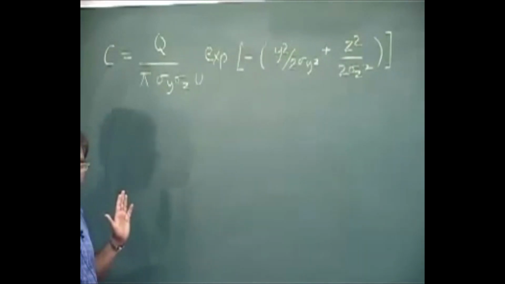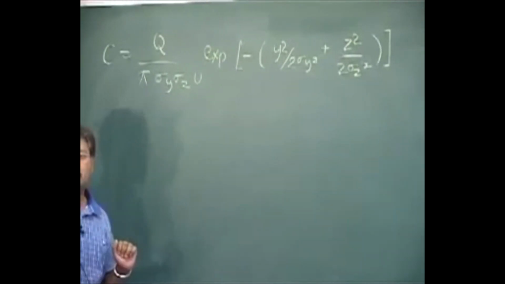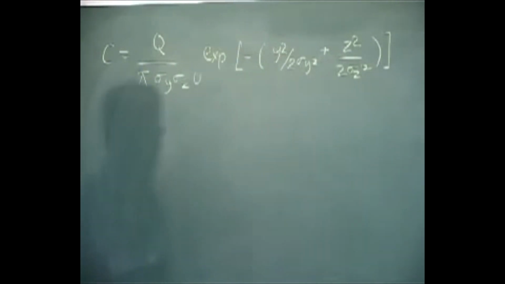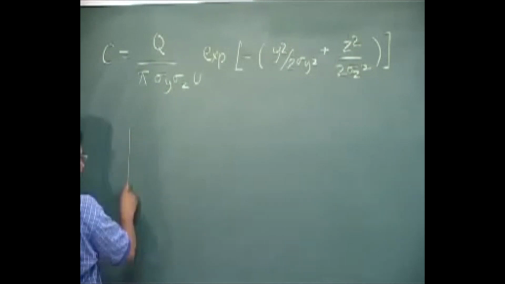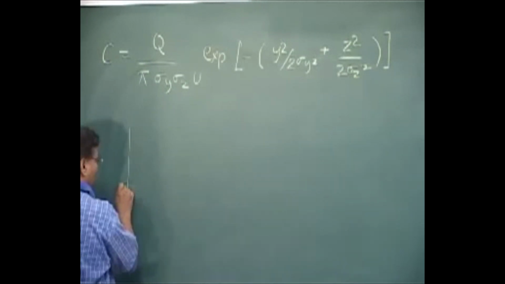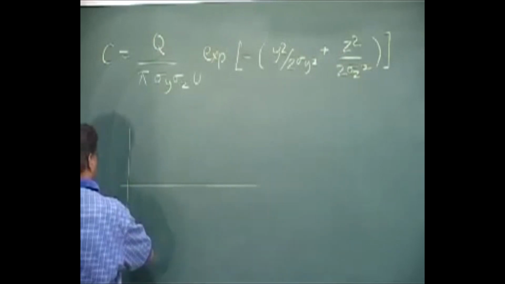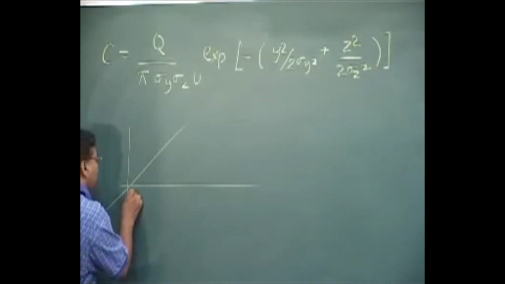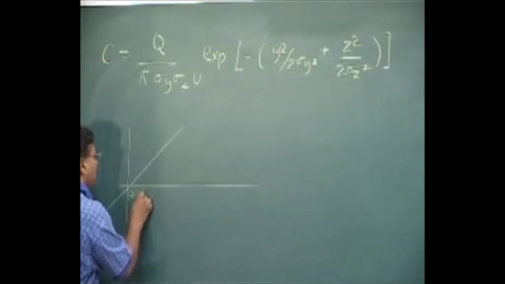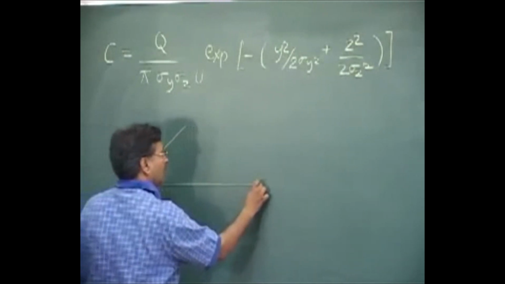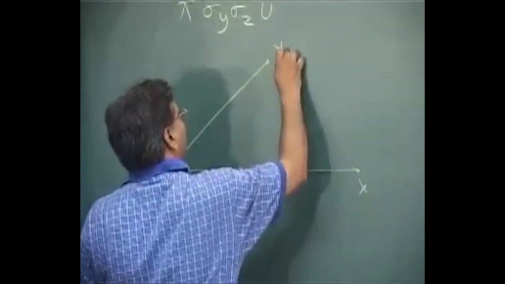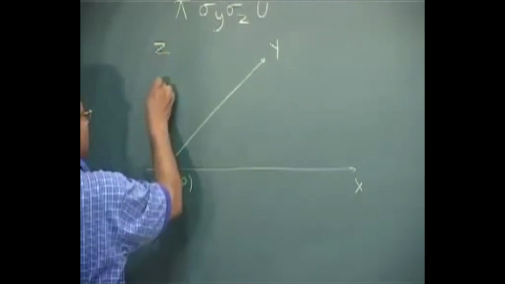If you see in this equation, where our source was. If I draw the coordinate system, when I am talking about z, this is my origin 0, 0, 0, with the x direction, y direction, and z direction.